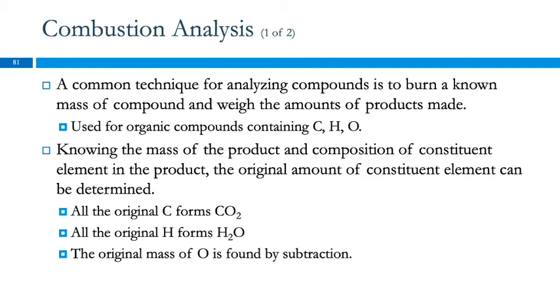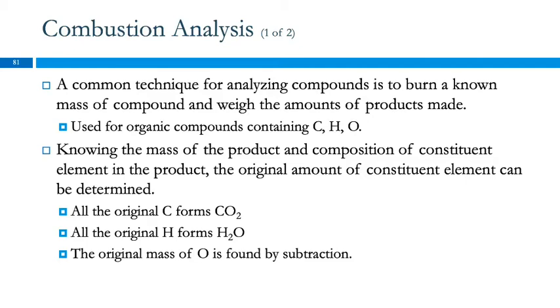So we talked about a couple of ways of determining the empirical formula by measuring the amounts of substances that form, or the amounts of elements that form when you decompose the compound. Another way is combustion analysis, and this is a very common technique used especially for organic chemicals.